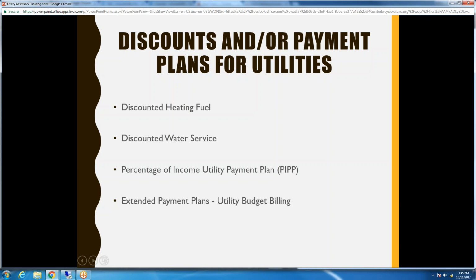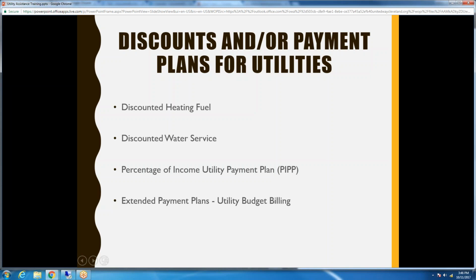There's discounted water service. I'll go over this in a moment, but it's water service providers that offer their services at below normal rates for people who meet age, disability, income, need, or other requirements. There's PIP, the Percentage of Income Payment Plan. It's a utility assistance program that helps income-eligible electric and natural gas customers afford their utilities.